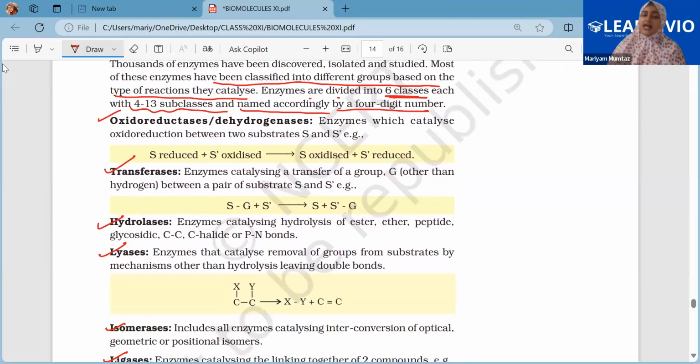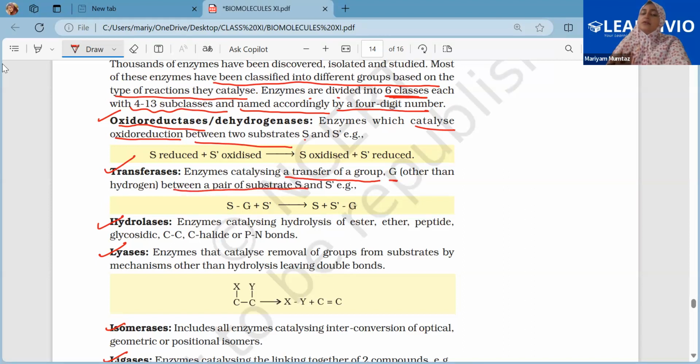The question that can be asked is, what is the name of the enzyme which catalyzes oxidoreduction between two substrates, S and S dash? You should know that it is oxidoreductases or dehydrogenases. Transferases catalyze the transfer of a group G other than hydrogen between a pair of substrates.